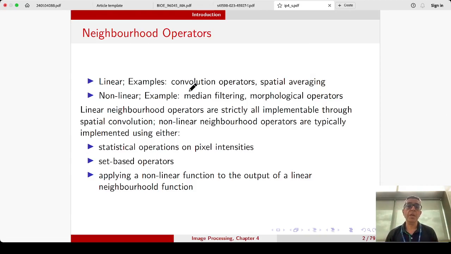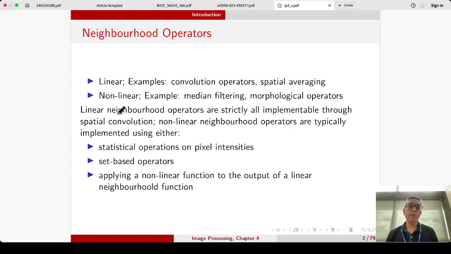Morphological operators are also known as shape-based operators. So they rely on applying set theoretic mappings to local regions of the neighborhood or local regions of the image.